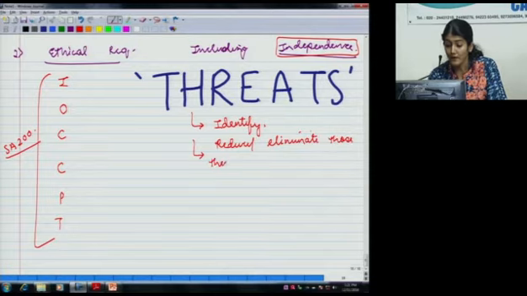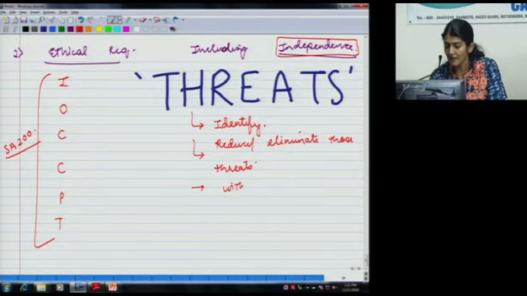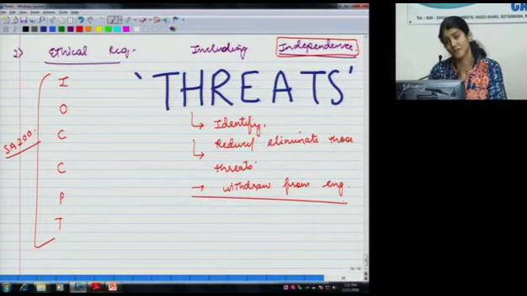And if you cannot reduce or eliminate those threats, then in that case you may also have to withdraw from the engagement, because now the title of the report is Independent Auditor's Report. So by any chance, in any way, if you are not independent, you will have to withdraw.